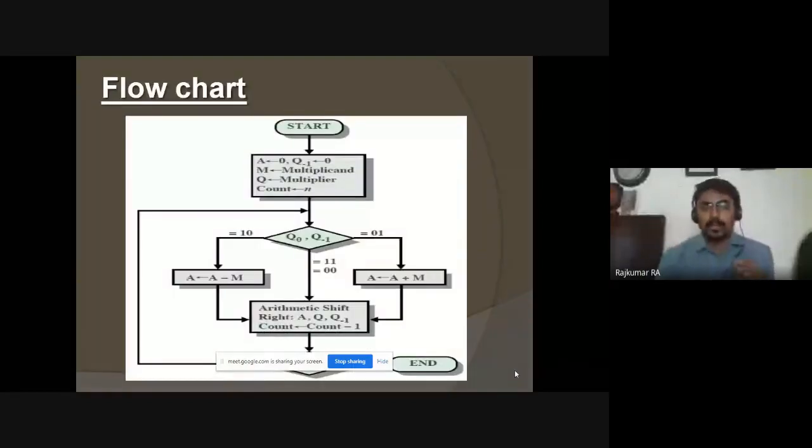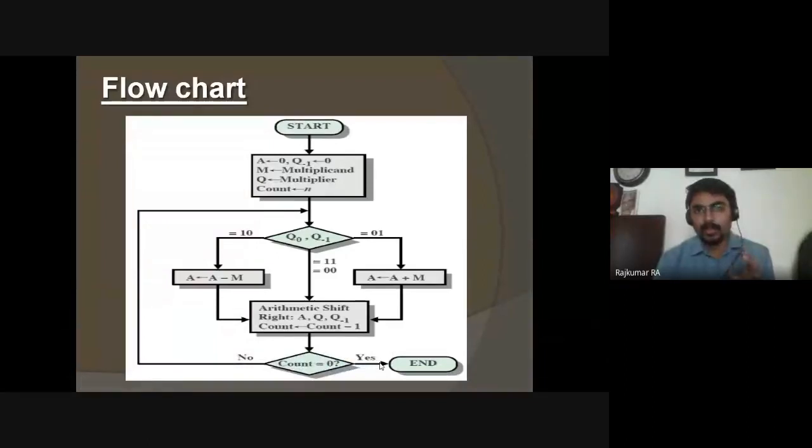Now what is the procedure for the Booth algorithm? As I already told you, we have 4 numbers to take. M is the multiplicand, and Q is the multiplier, and A is the accumulator, which initially we assign 0, and Q minus 1 is one more register for the next value, and by default we have a count.